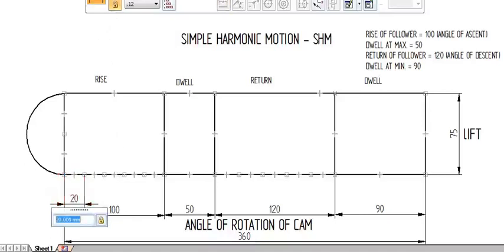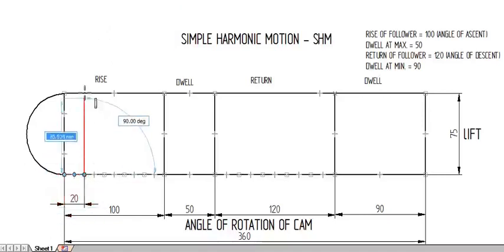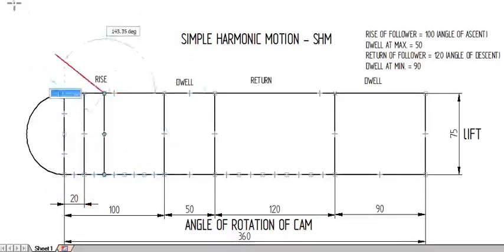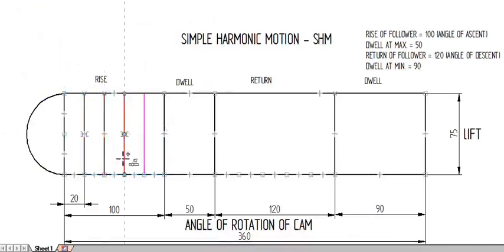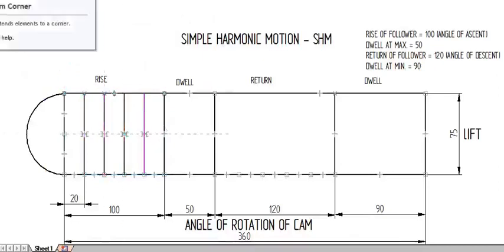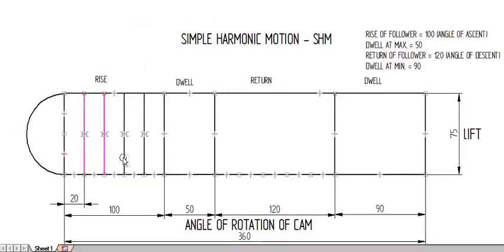I have drawn the lines. I am showing these lines as thin lines. And start numbering.